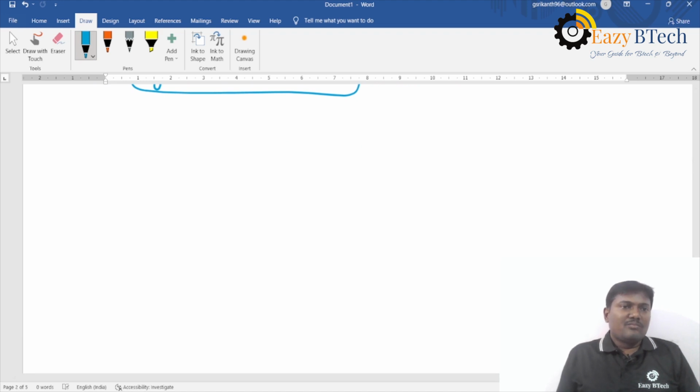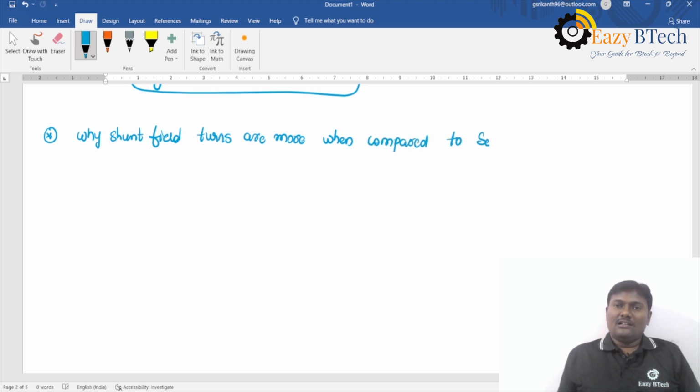So here the important question is why shunt field turns are more. Shunt field turns are more when compared to series field turns.